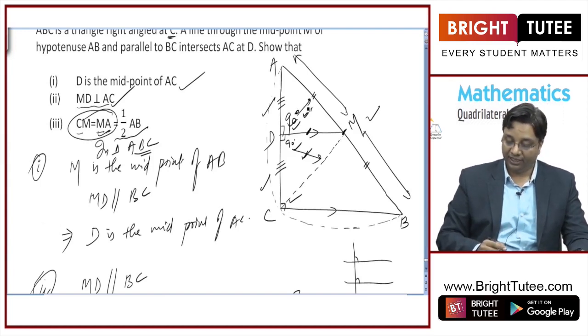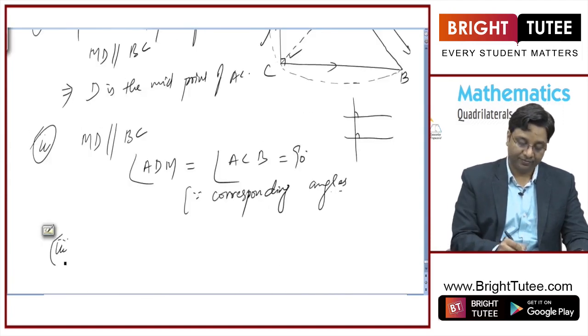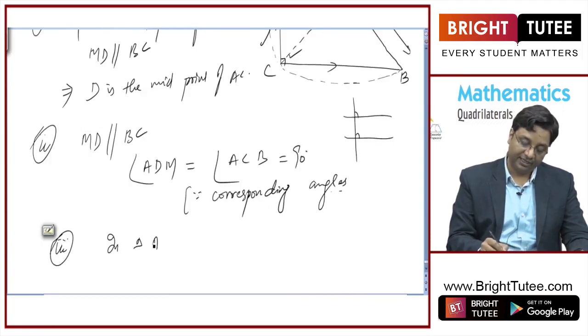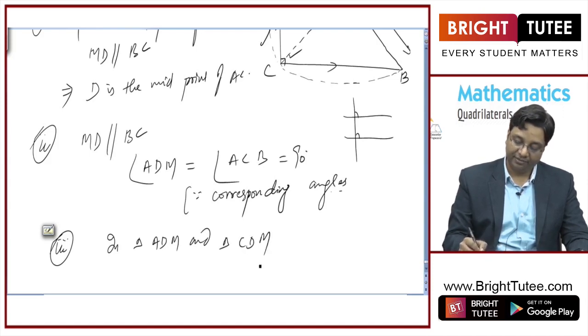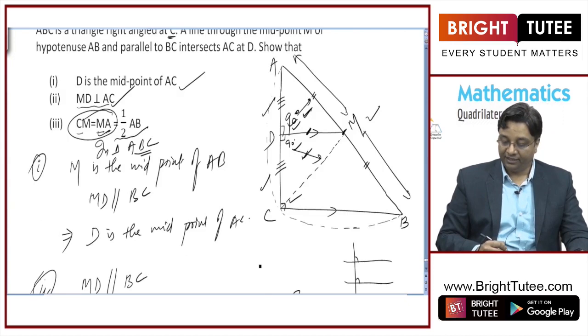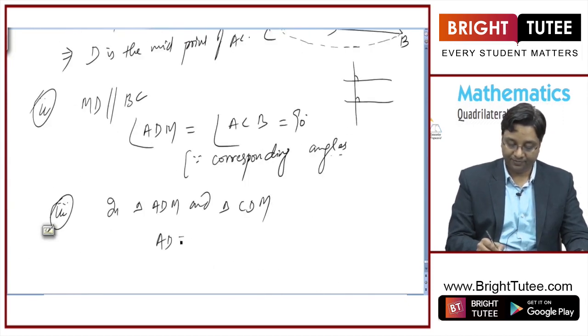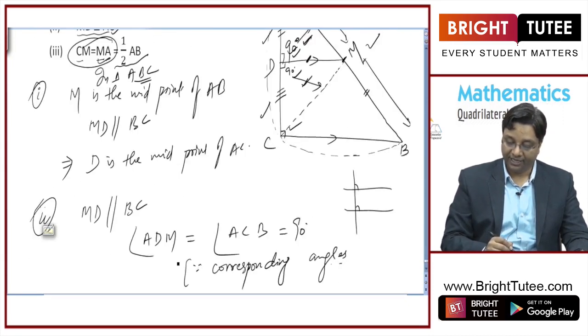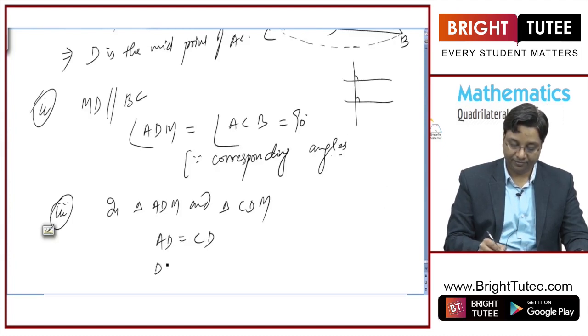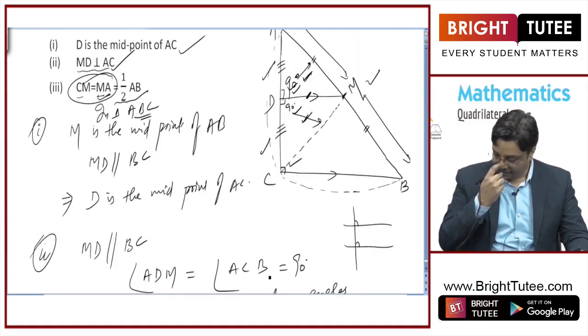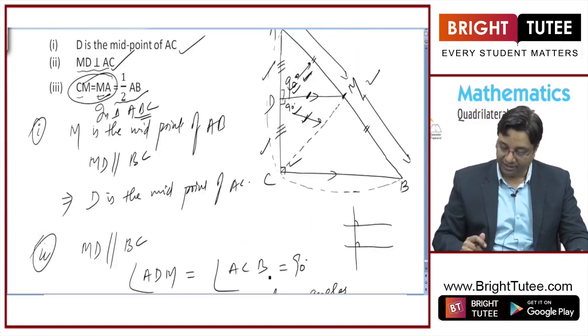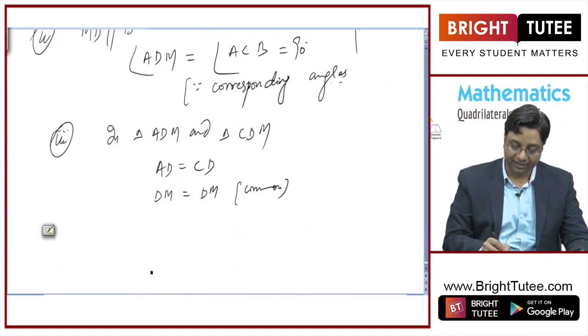So take the two triangles ADM and CDM. In triangle ADM and triangle CDM, AD is equal to CD, DM is equal to DM, a common side, and the angle between them, angle ADM, is equal to angle CDM.